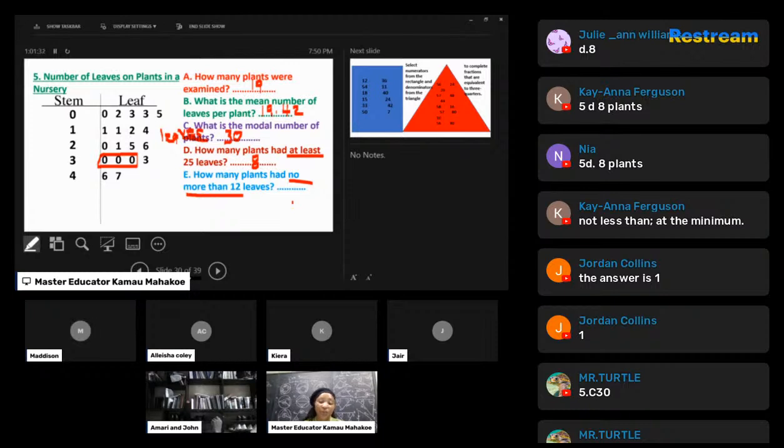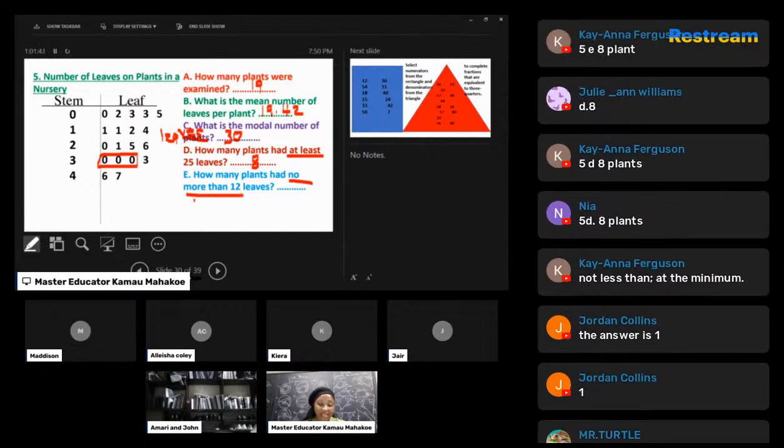Okay, so this is the one that means 12 or less, right? Yes, miss. No more than means that number or less than that number. So how many of the plants had 12 leaves or less than 12 leaves?